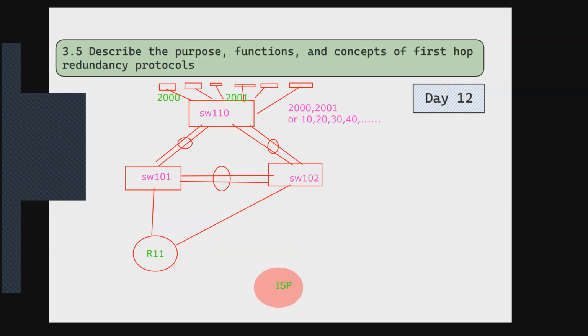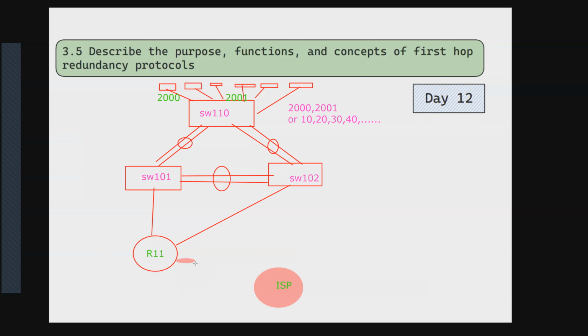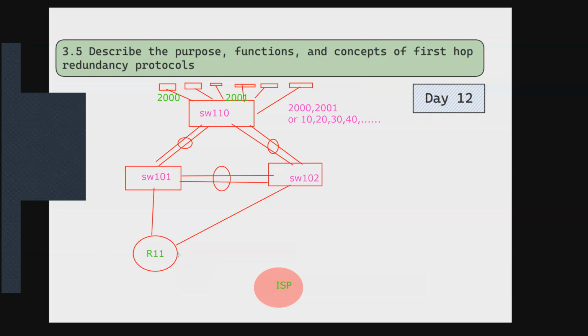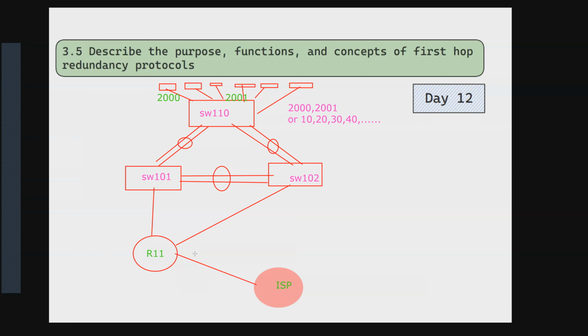Let me draw one more link here, like this. Assume that this is your WAN, wide area network link. These are your LAN facing interfaces, going towards the switch. The interfaces going towards the switch are the LAN facing interfaces.